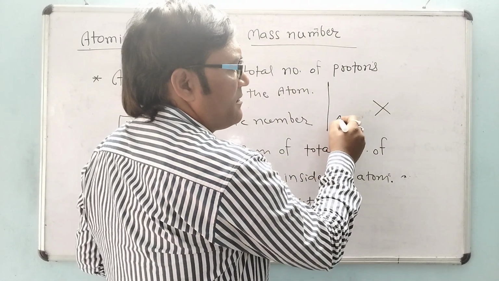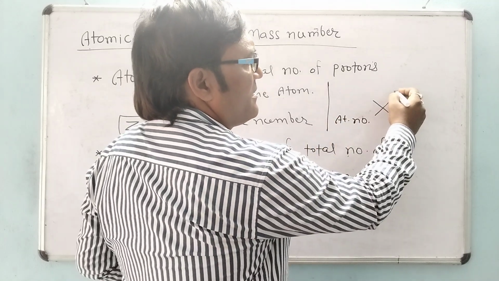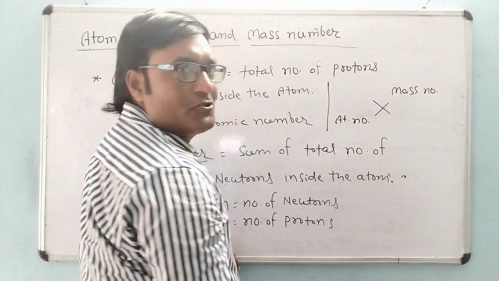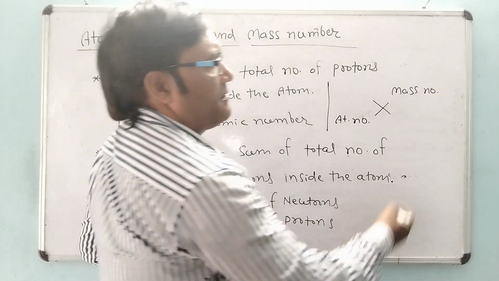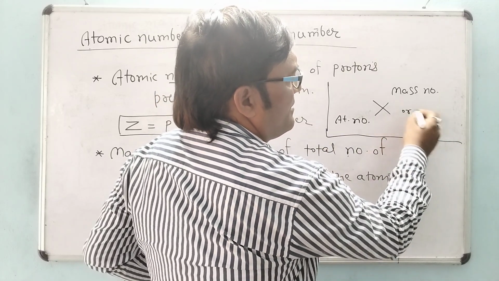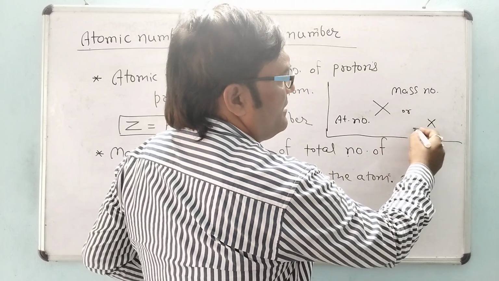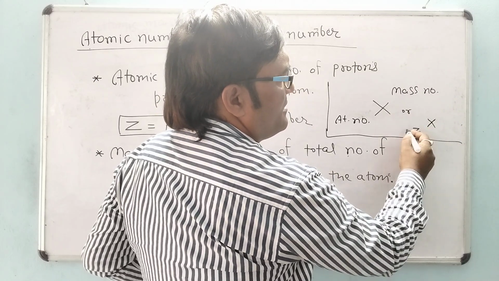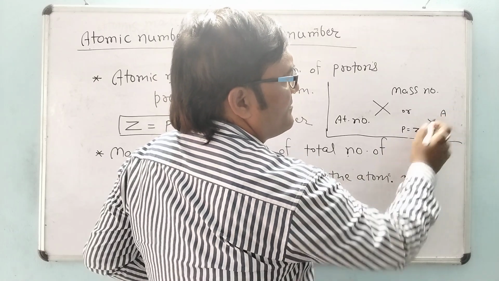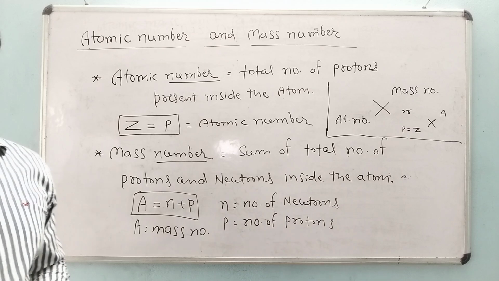Here the atomic number we can write, and here the mass number we can write. So finally we can write it in this way: X is the symbol, Z is the atomic number, Z is equal to P, and A is the mass number. Okay, you can take a screenshot.